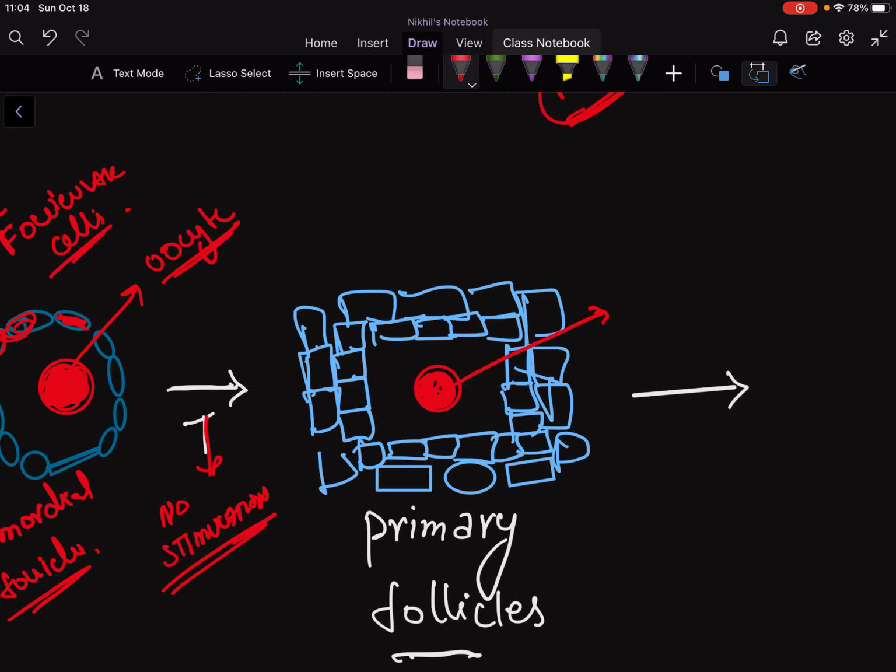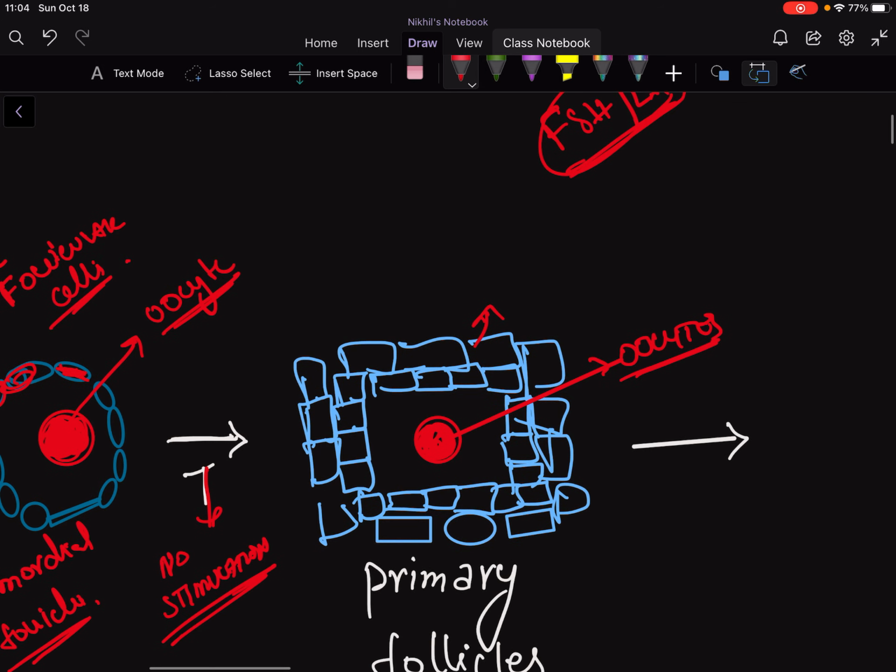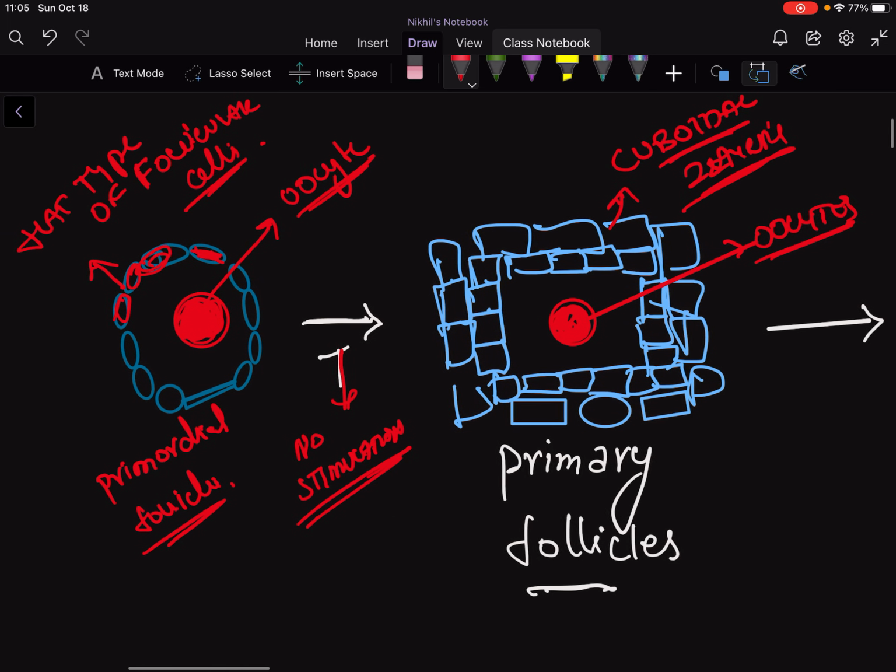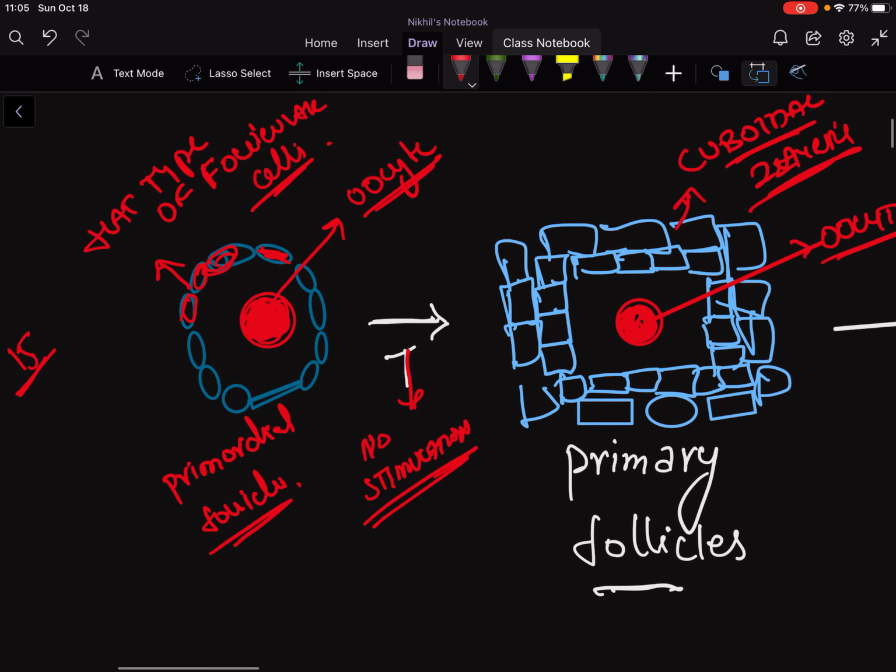Here you can see there is the primary oocyte, and these cells are mainly cuboidal, and these are two layers most of the time. The primordial follicle consists of flat cells, and the primary follicle consists of cuboidal cells. You can see these are the cubes here.